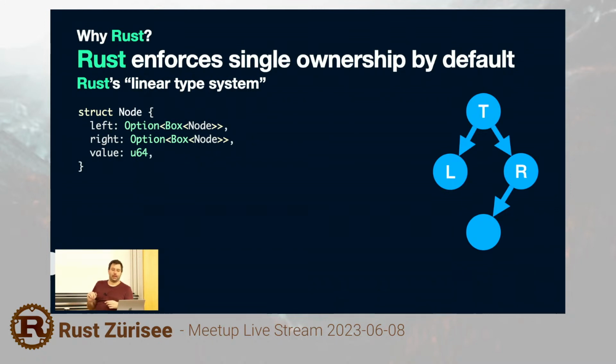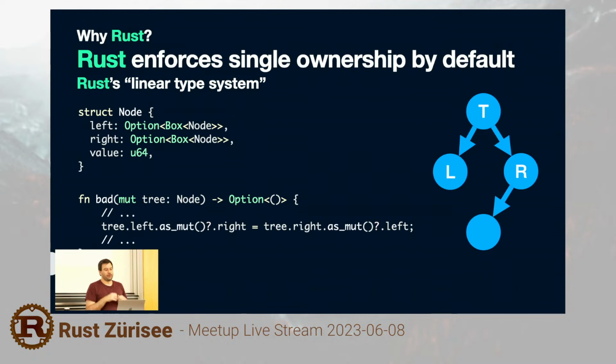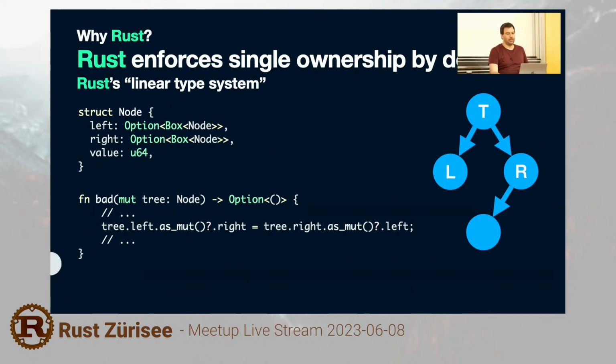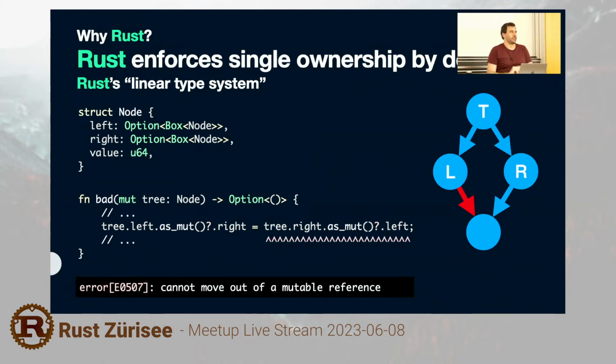And the demonstration here is just a tree data structure. We have a left and a right node at each node. And what we're going to try and do here is to assign the right child of left to also be the left child of right, which is clearly illegal, and Rust would reject this, right? So we have this guarantee that everything is owned uniquely.